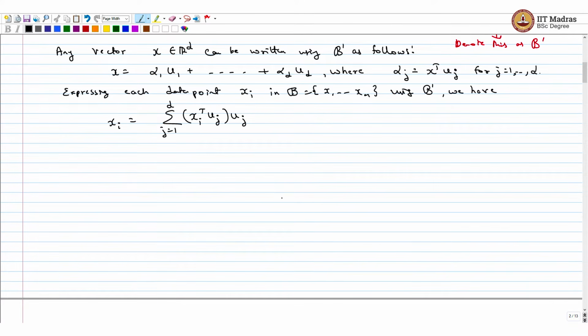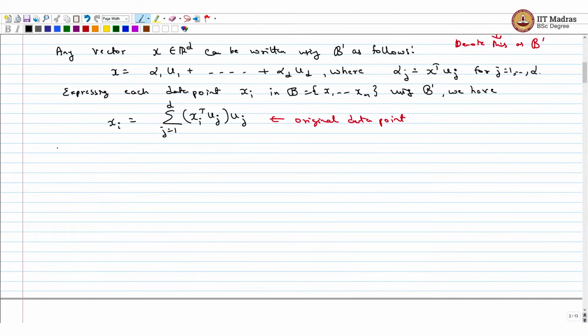Now this is the original xi. This is the original data point. Now how do we project this onto the m-dimensional space?